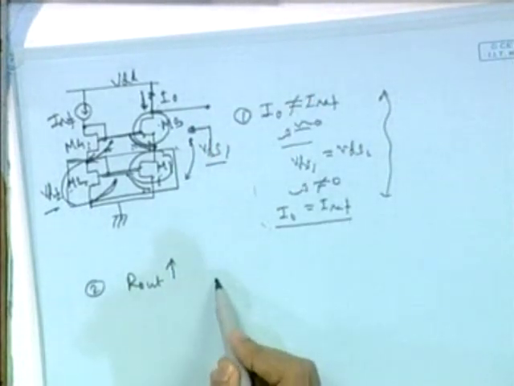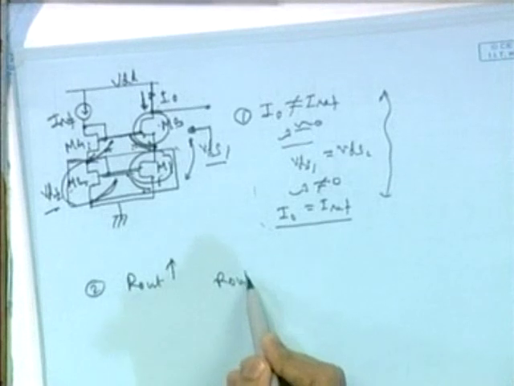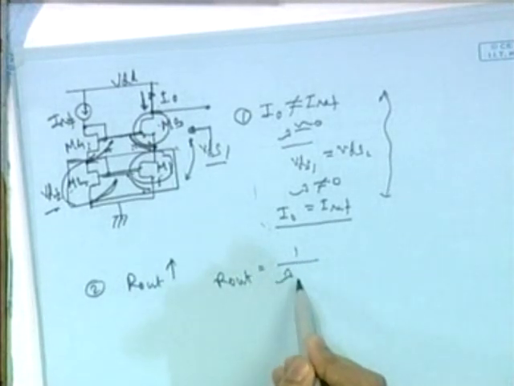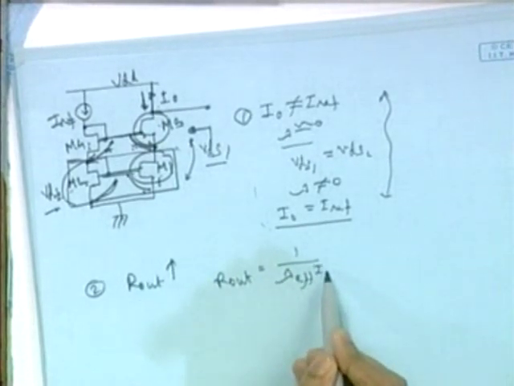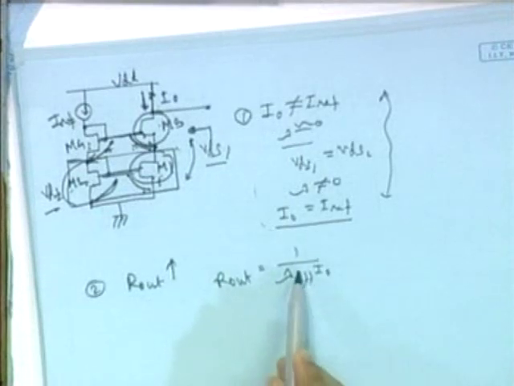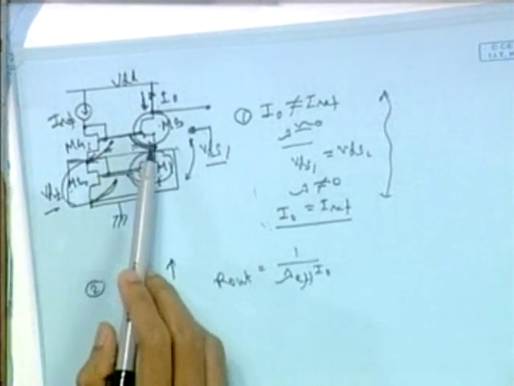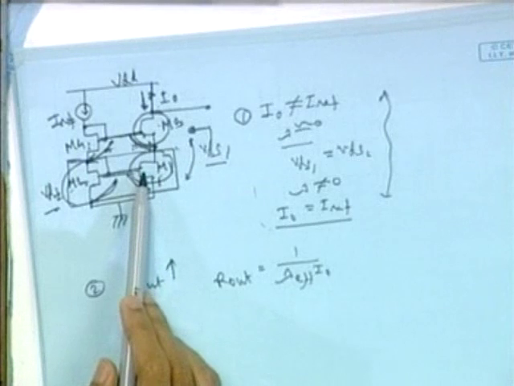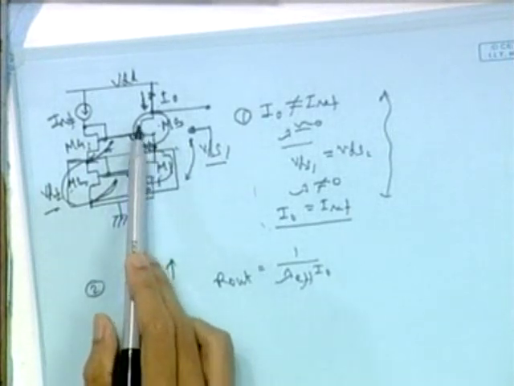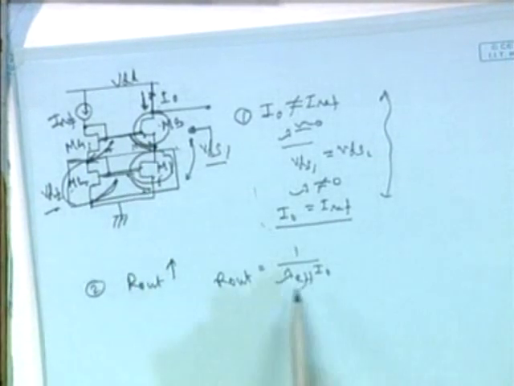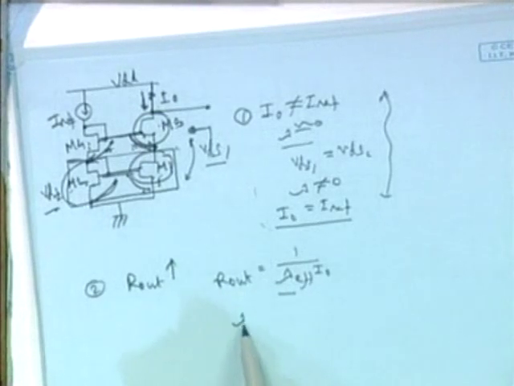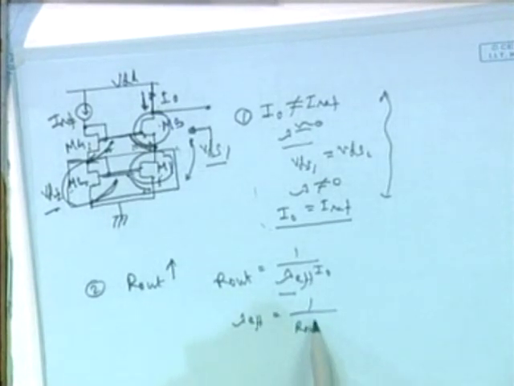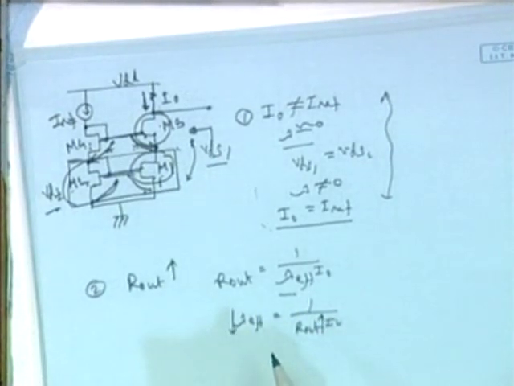It increases, and we know Rout is proportional to 1 over lambda effective times I0. Here I am using lambda effective because there are 2 transistors in series, so lambda effective means the effective lambda of both these transistors. So as Rout increases, lambda effective decreases.